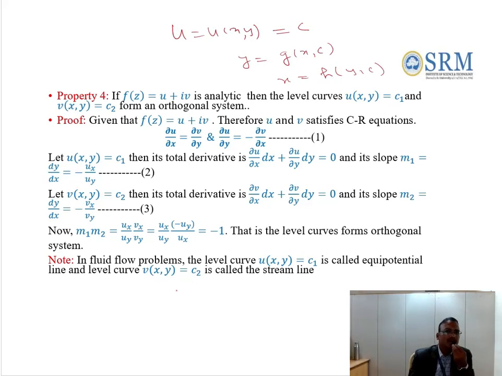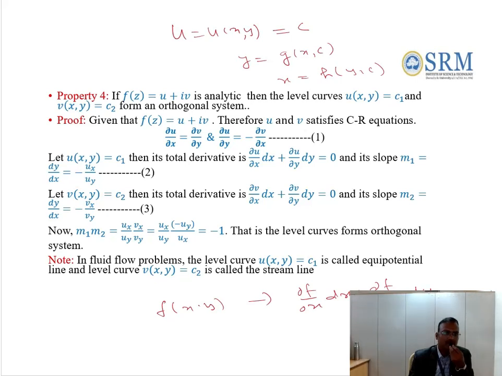Let us see the proof. Given that f of z equal to u plus iv, and u and v satisfy the CR equations, that is ux equal to vy and uy equal to minus vx. Let u equal to c1, where c1 and c2 are constants. Then what is the total derivative of u? If f is a function of x comma y, then the total derivative is dou f by dou x into dx plus dou f by dou y into dy.